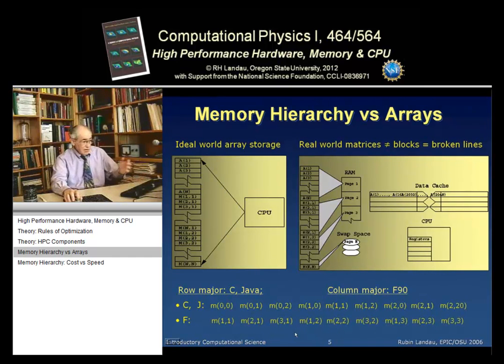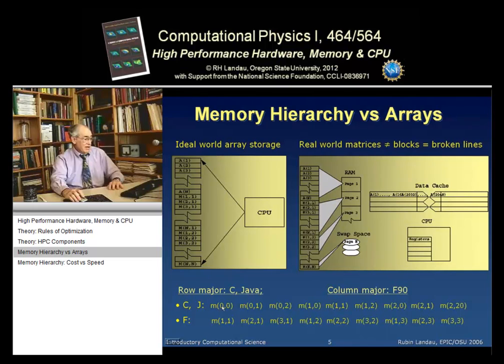Fortran stores it in column major order, which stores the column down. So you see M11 followed by M21, so it's going down the columns. Either of them works equally well. Neither is inherently better than the other. They both have the same kind of problems.